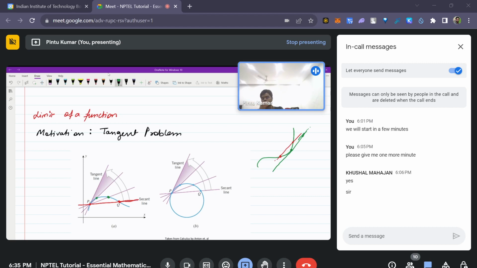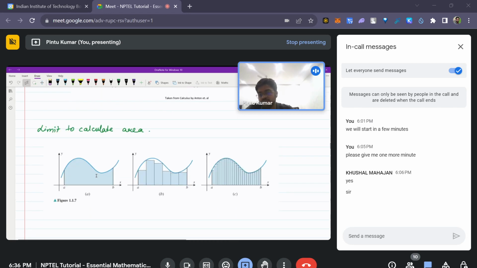So when the slope is not explicitly calculatable, you approach it via limits. You keep coming closer to P and calculating the slope of the lines, and you will eventually find the slope of the tangent. Okay, so this is one motivation.